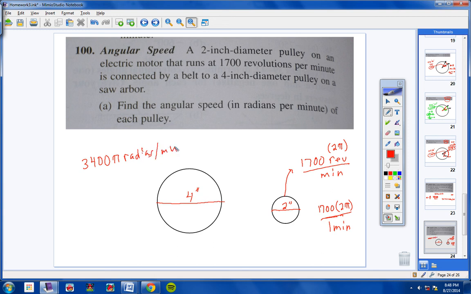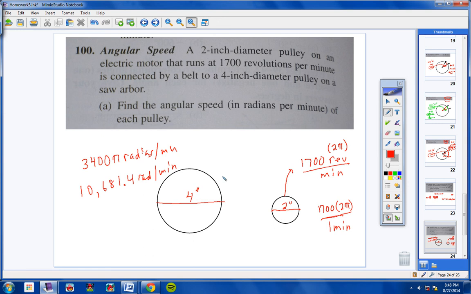Now, if you want to take your calculator and type in 3,400 times pi, you will get 10,681.4 radians per minute. Now, I know I'm kind of sloppy, but you can write a little neater than that.